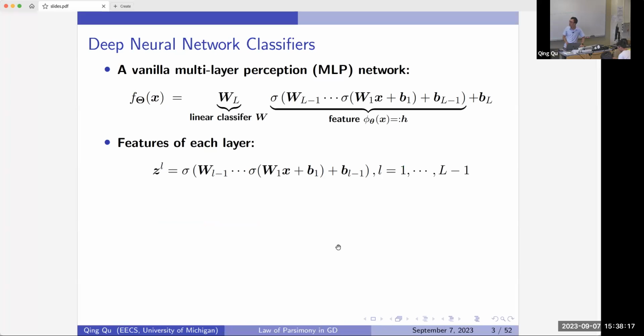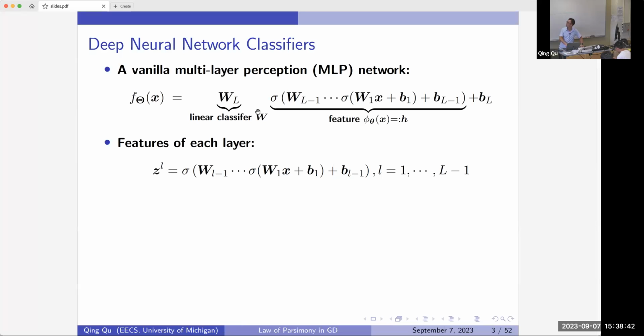To train a neural network for classification, let's consider a vanilla multi-layer perceptron network. X is our input, and in each layer you do a linear transformation by a weight matrix followed by a nonlinear activation.